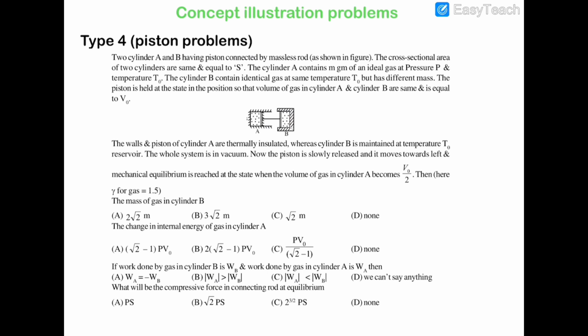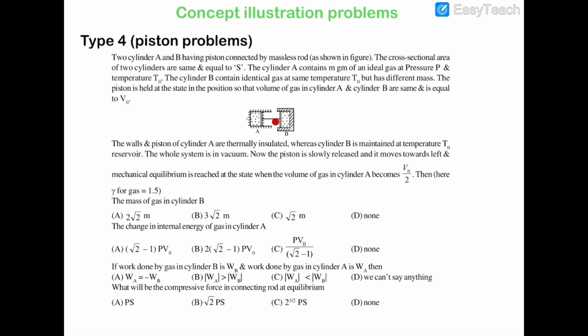Now the piston is held at the position in which the volume of the gases in cylinder A and cylinder B is equal, and it is equal to V naught, while the walls of cylinder A are thermally insulated, which means that the process occurring in cylinder A is adiabatic process, while cylinder B is maintained at a temperature of T naught by the external reservoir, and this complete system is in vacuum.